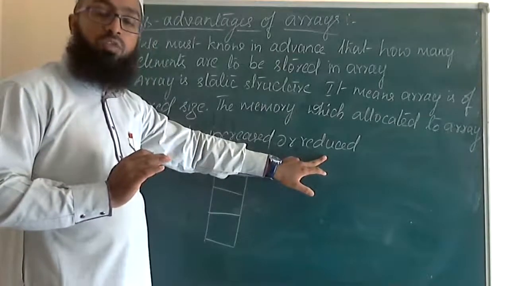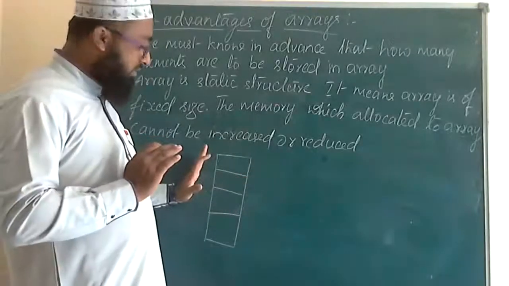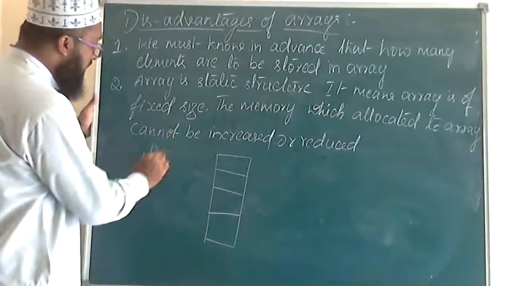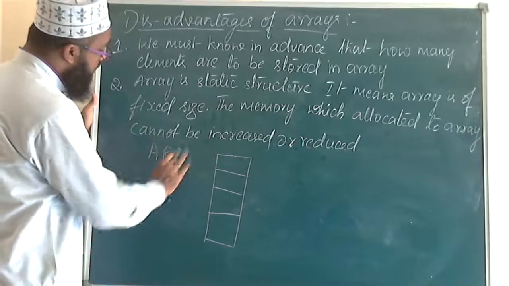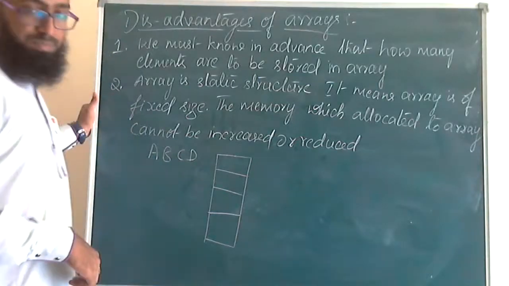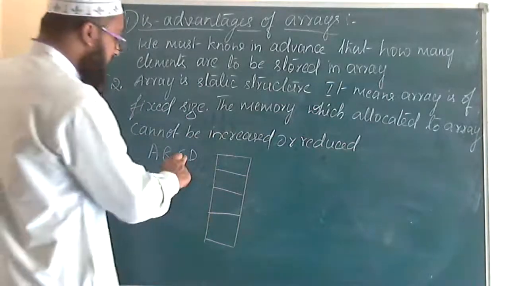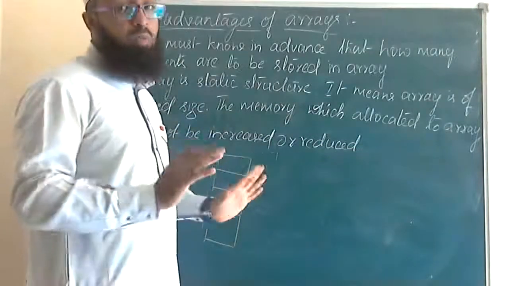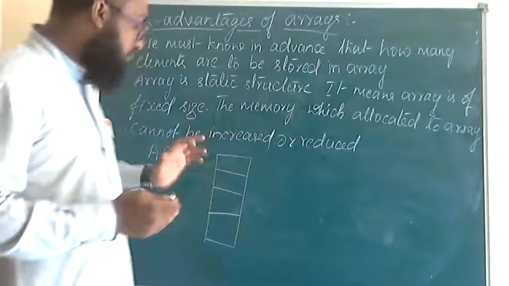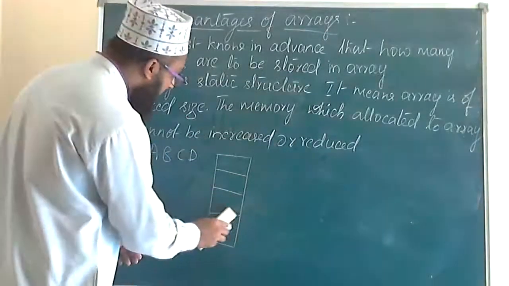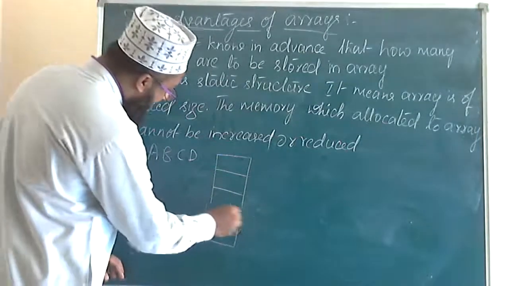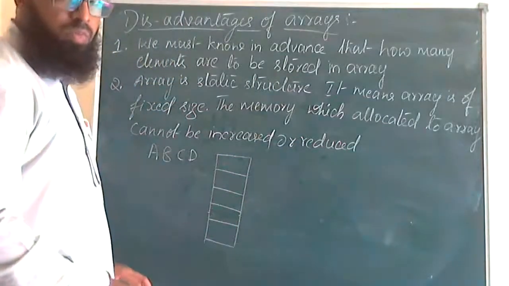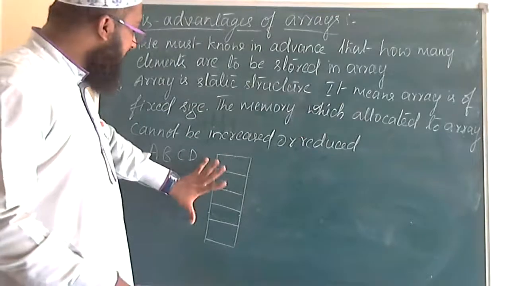If you want to insert 4 elements, then the array should be of fixed size 4 only. After creating an array, it should not be possible to increase or decrease. Before creation itself, we have to create an array of whichever size we want.